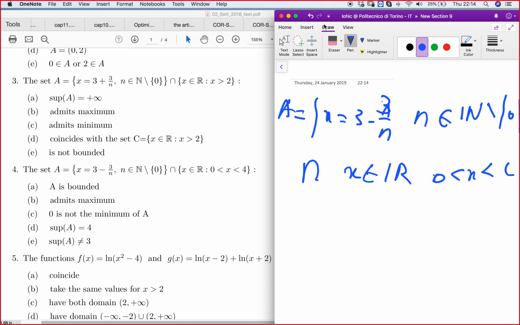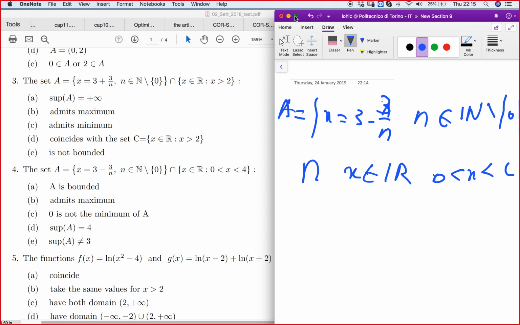Then we say A is bounded, admits maximum, 0 is not the minimum of A, the supremum of A is 4, and the supremum of A is not 3.